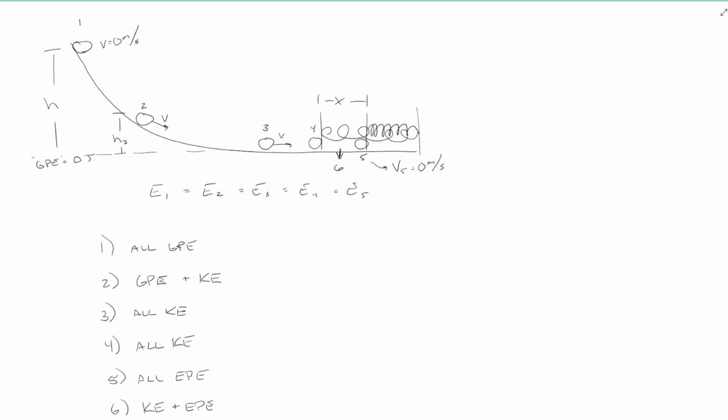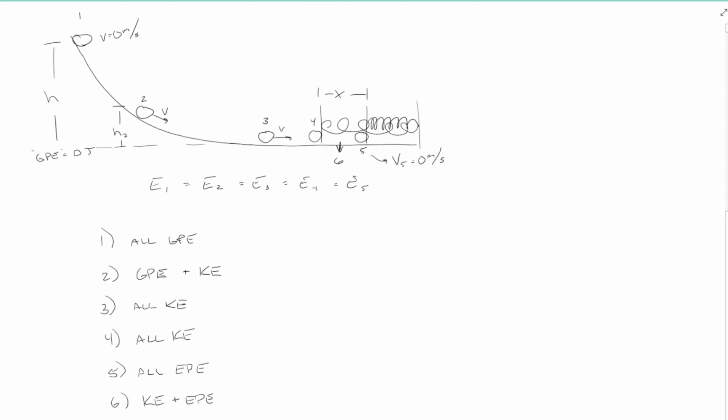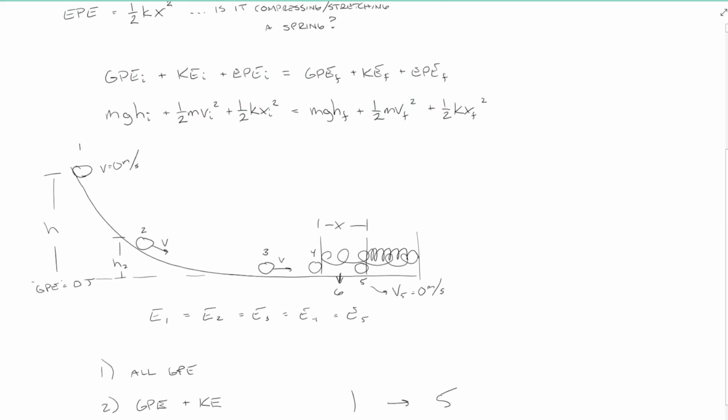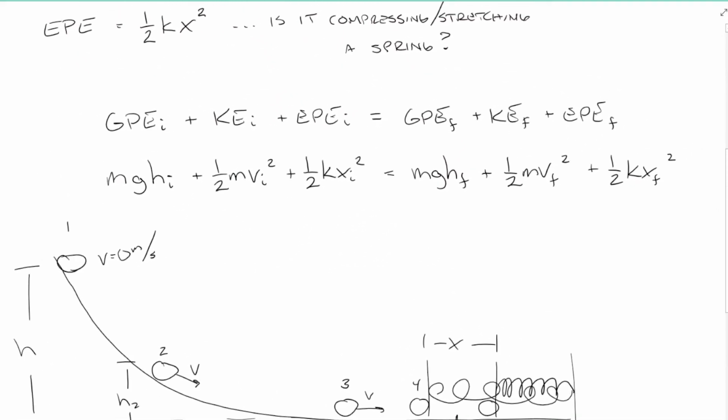Right, so if I look at this equation up above, let's look at what would happen from position 1 to position 5. At position 1, I am elevated, I am not moving, I am not compressing a spring.